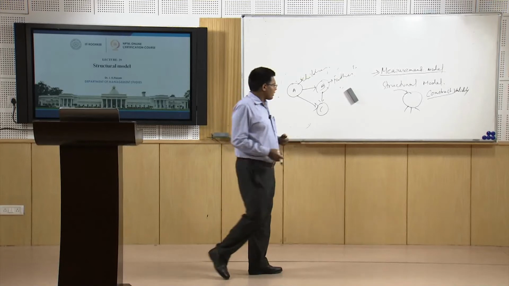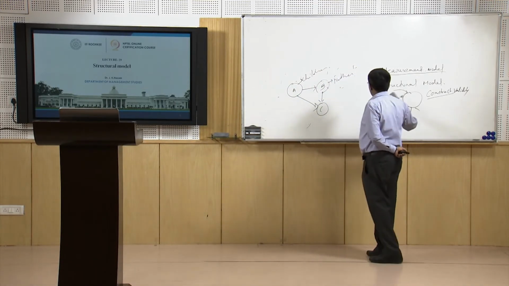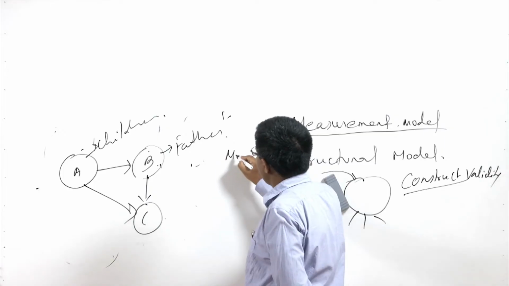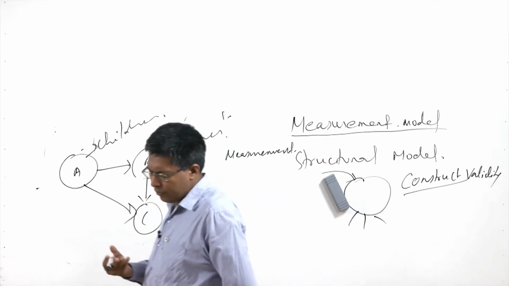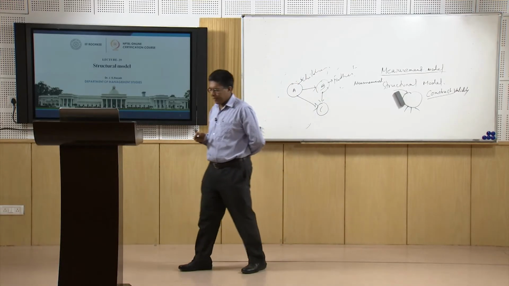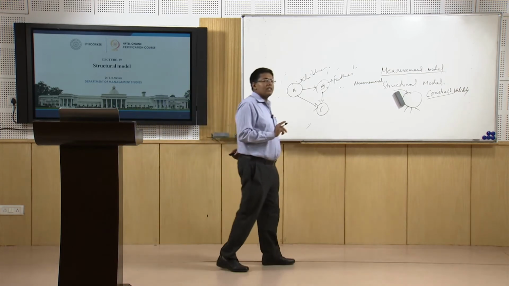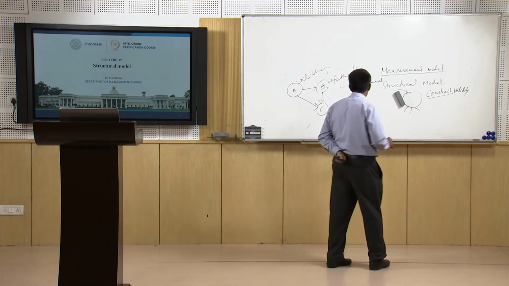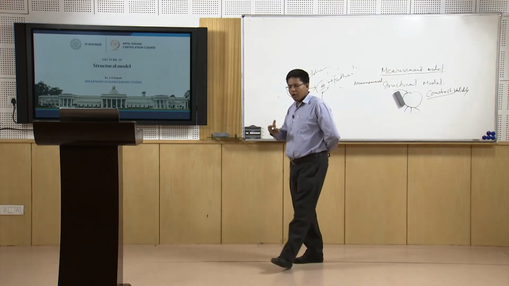So, remember, after you have done the measurement model and the fitness indices have been generated, the structural model should be better than the measurement model. It should always have a richer or higher value.